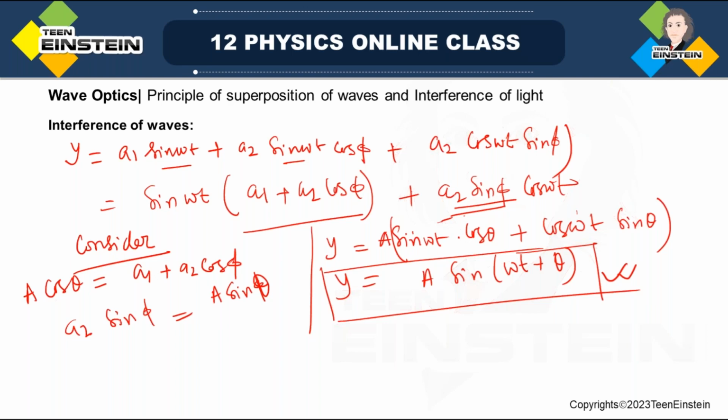We'll just square them out. So a cos theta whole square, that means a1 plus a2 cos phi whole square.